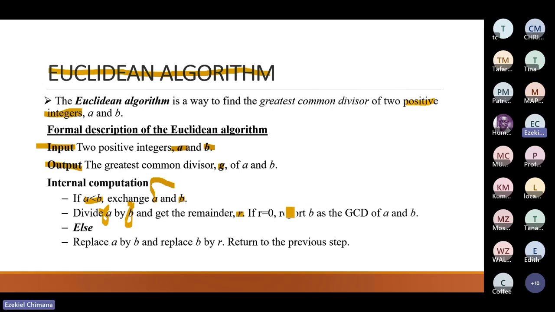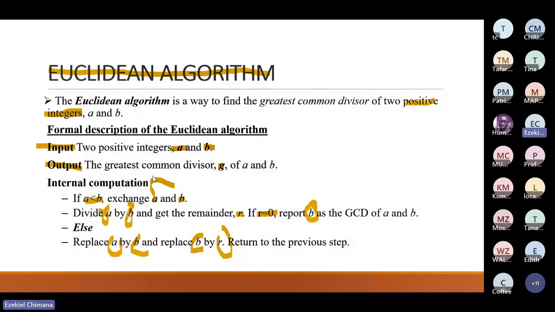Whenever you get the remainder as 0, you report the current B as the GCD of A and B. Else, you replace A by B, and replace B by the remainder, and then you return to the previous step.